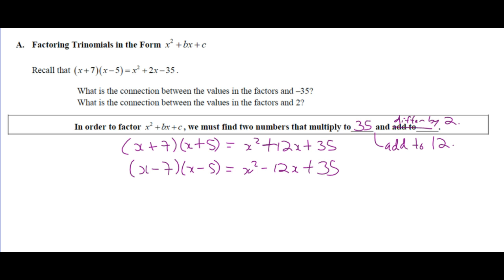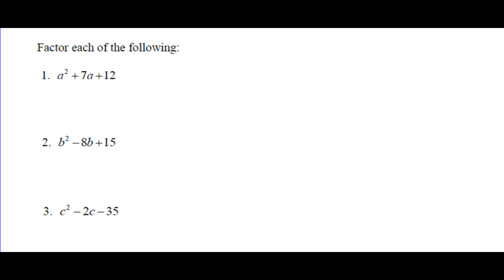Okay, I'll show you that as we go through, because now we're just going to factor each of the following. Before I do anything, I can write down two brackets.